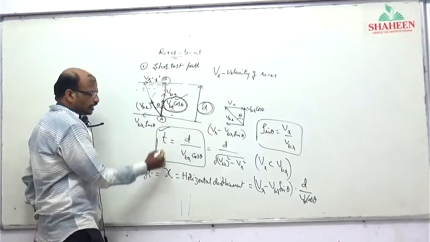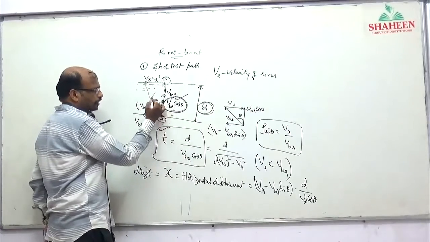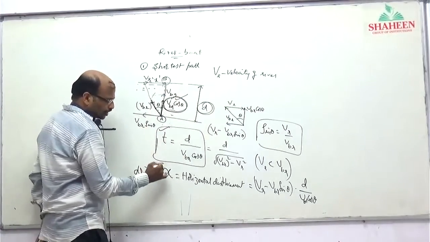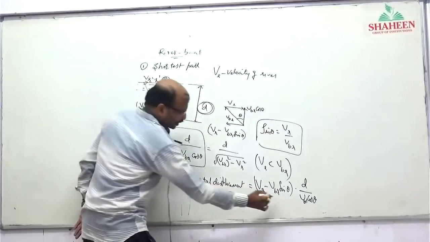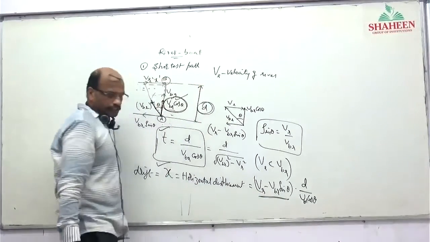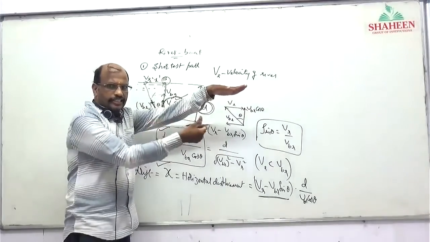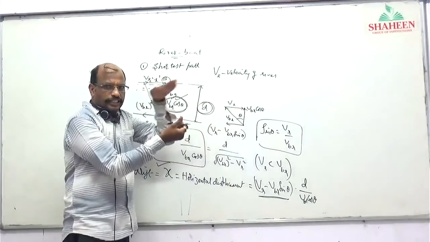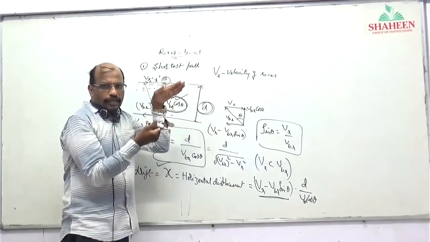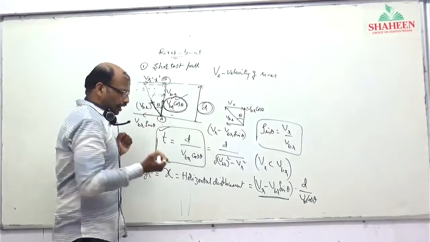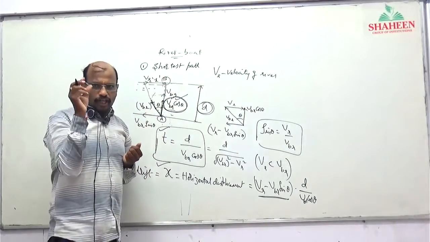Now coming to x. X is the horizontal displacement. The resultant horizontal displacement is caused by the resultant horizontal velocity components. VR is in this direction, VBR sin theta is in this direction. Both are in opposite directions. So VR minus VBR sin theta, into t. As far as displacement is concerned, it is velocity into time.